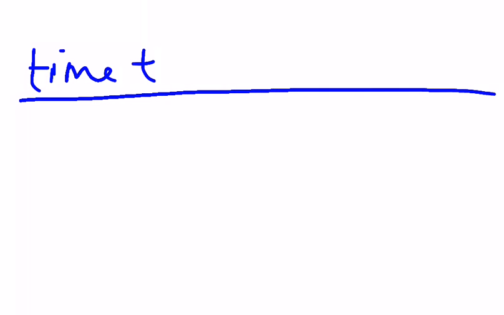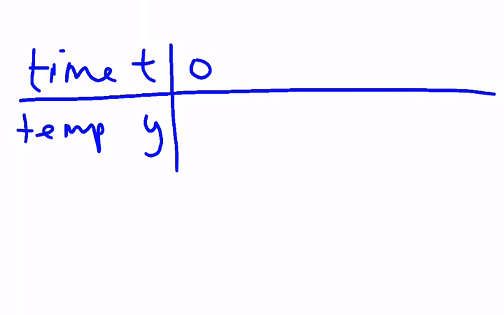All right, next, they might give us a table to work with related to some sort of application, time t and the temperature y, and give us some points to work with.